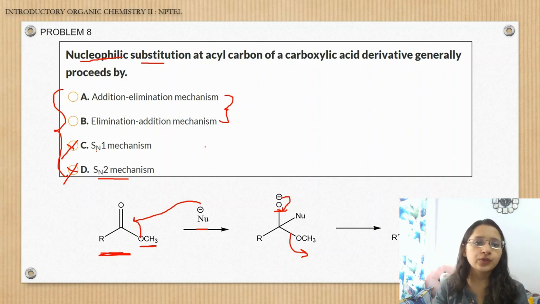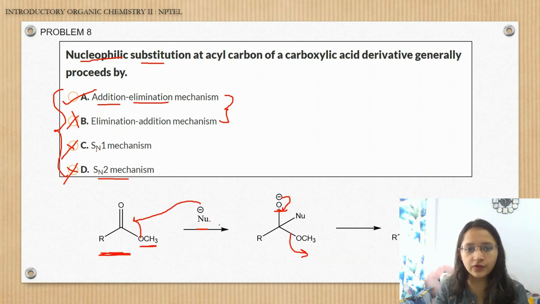So the addition of the nucleophile takes place first, and after that elimination. So the mechanism operative here is A, not B, because addition of the nucleophile is very important before anything can be eliminated in nucleophilic substitution. Is it clear?